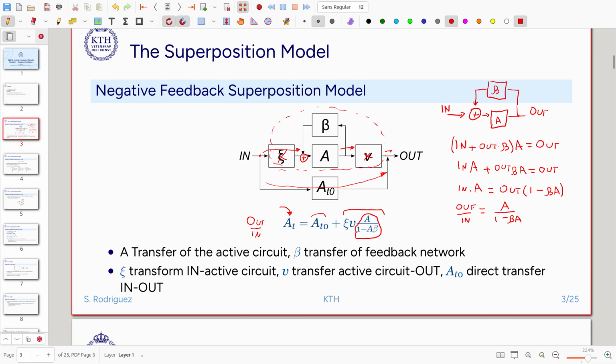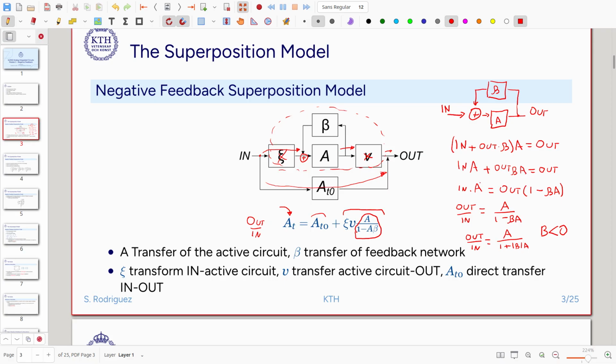So something important in the negative feedback system: beta is always lower than 0, it is a negative number. Okay, so when we have a negative number, we can rewrite this equation like this. So that will be our equation for the transfer function.